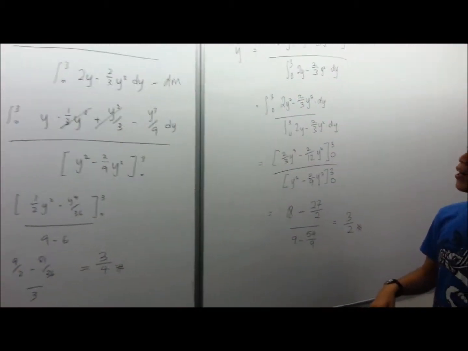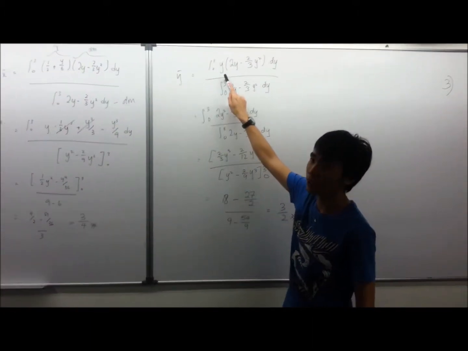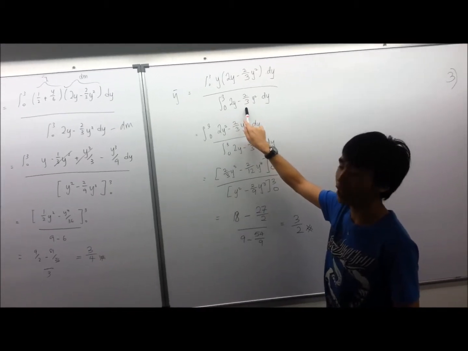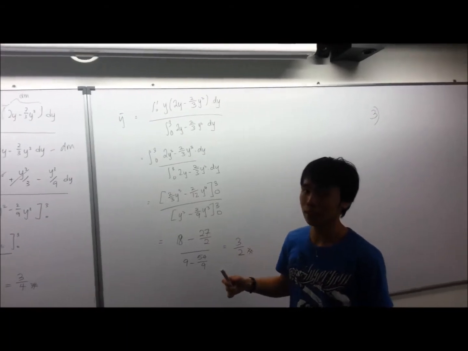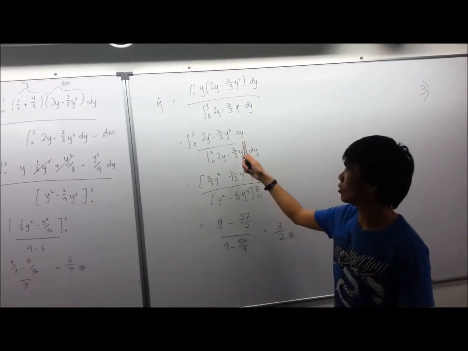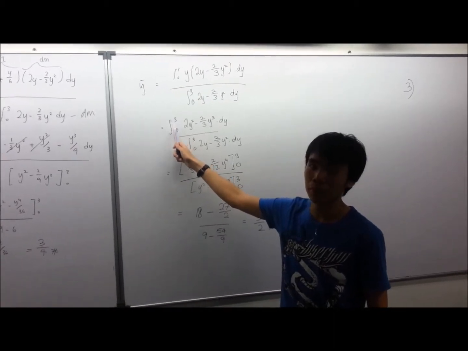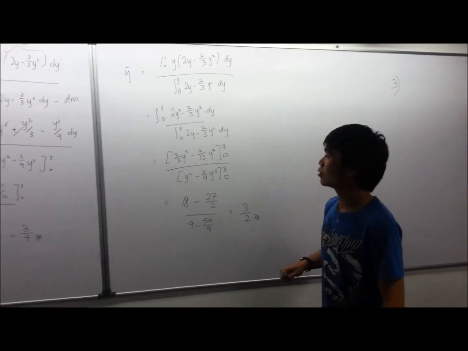For y bar, it's similar to x bar: it's the integration of y curl times dm over the integration of dm, which gives you the mass eventually. Similarly, you integrate with respect to dy and use the y-intercepts as the limits, so it's 3 and 0 again, just like x bar.